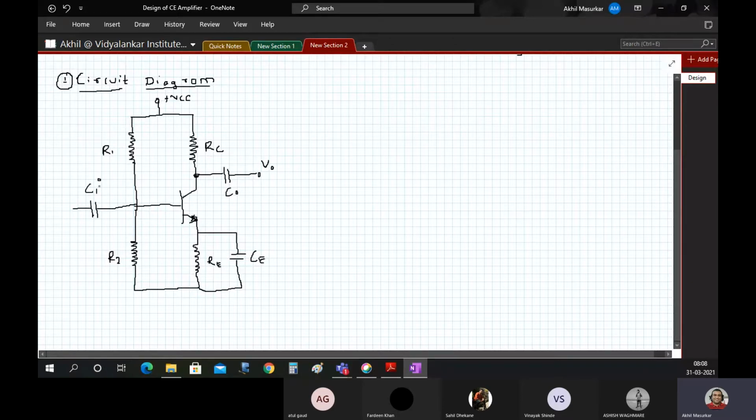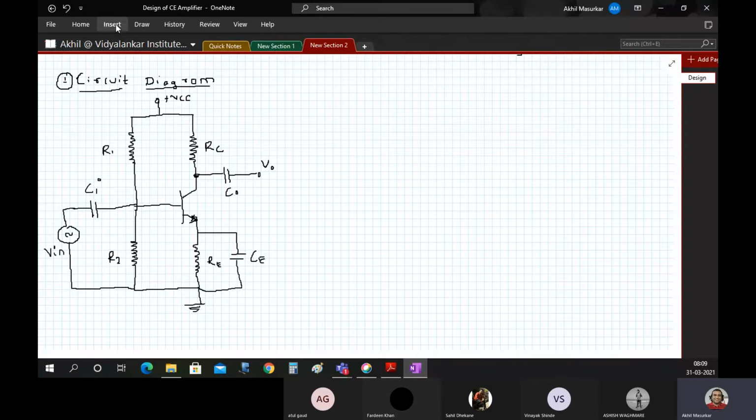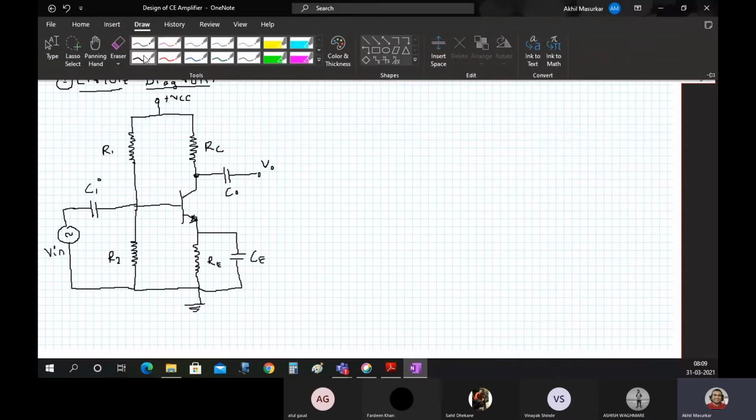And here we have CI. And what we will apply here is our input voltage V. And here, don't forget to show the ground. So that's your ground. So please draw this.